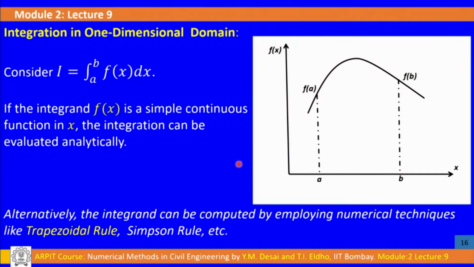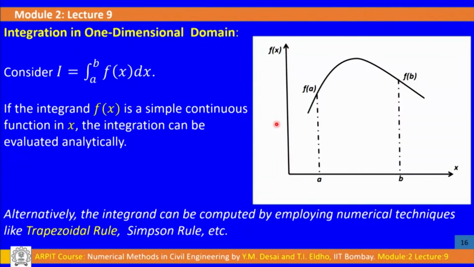Depending upon how the function varies, a single trapezoid may be enough, or simple Simpson rule applied over the entire domain may be adequate. If the function varies rapidly, then we can consider splitting the domain into subdomains, and over each of these subdomains we can apply such expressions.